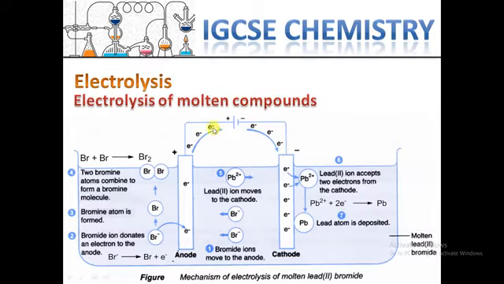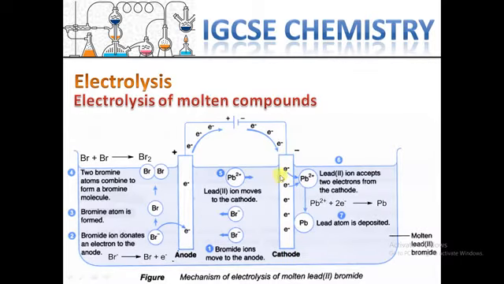So on the other side, the negative side of the battery can distribute the electrons more onto the cathode side.